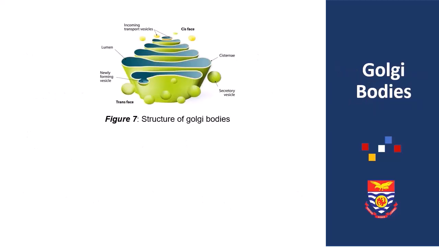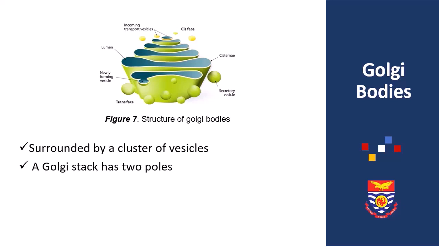Figure 7 gives the structure of Golgi bodies, and these Golgi bodies are surrounded by a cluster of vesicles, and these vesicles function to transfer materials between parts of the Golgi and other structures. The Golgi stack has two poles, the cis and the trans poles.